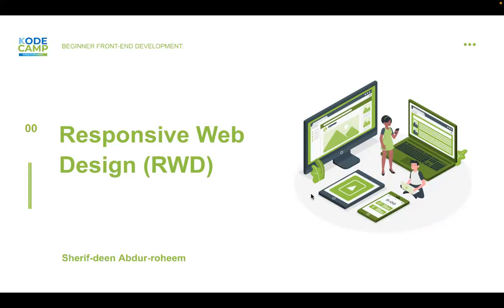So how this website is looking on a desktop is going to be different from the way it's looking on a mobile. Because if I have a flex, for example, let's say the way you guys are seeing my screen now, this is a view on a desktop. And then let's assume this is a website and I want to view this particular thing on a mobile.